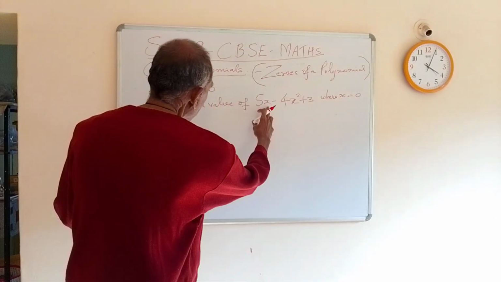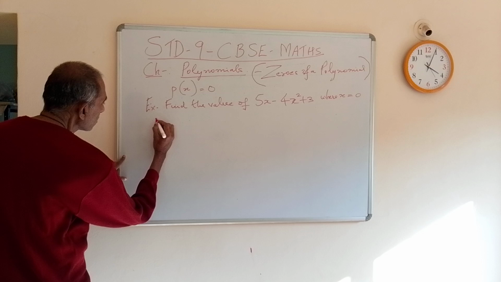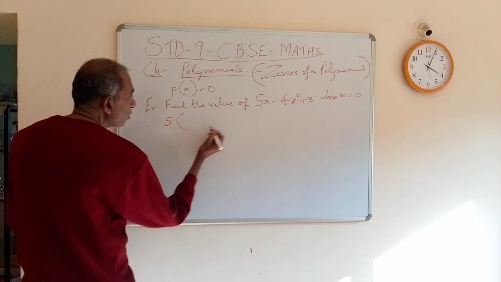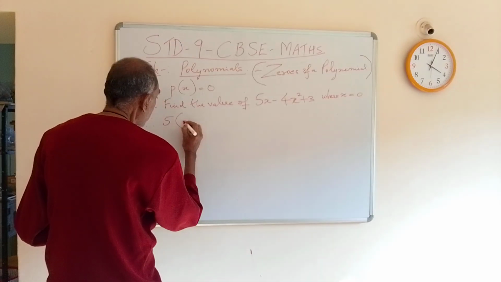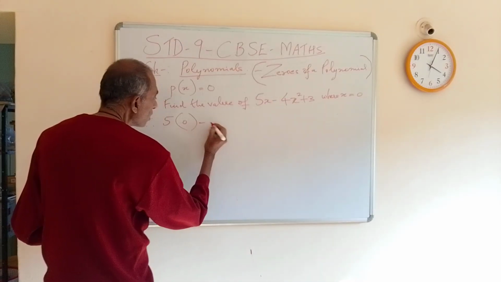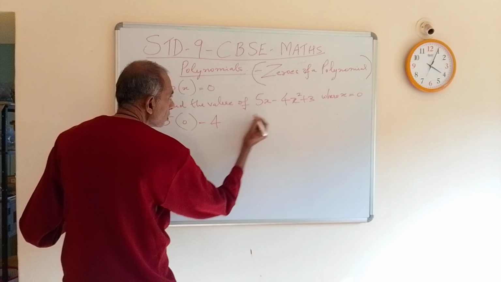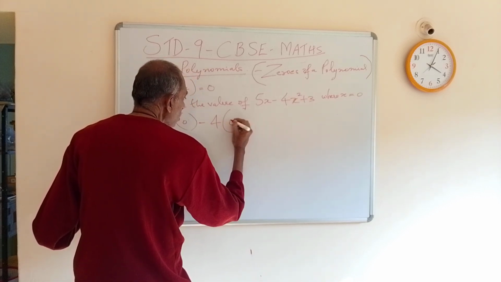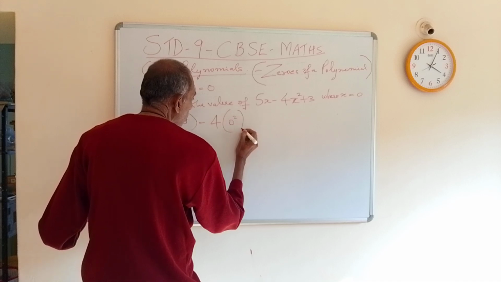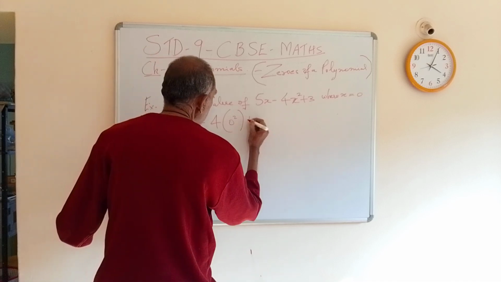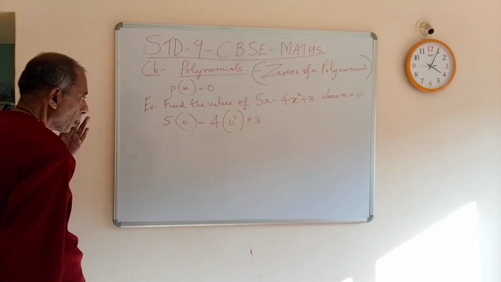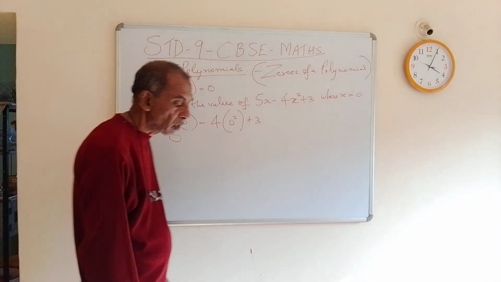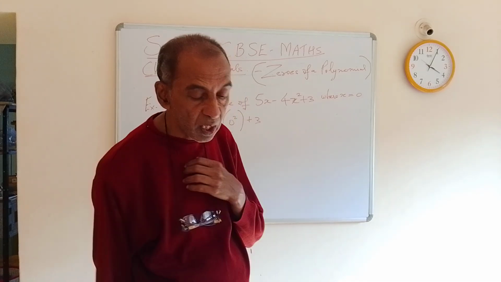Here 5x, so that is 5 into 0, minus 4 into 0 square, 0 raised to 2, plus 3. 5 into 0 will be 0, since any number multiplied with 0 gives the answer 0.